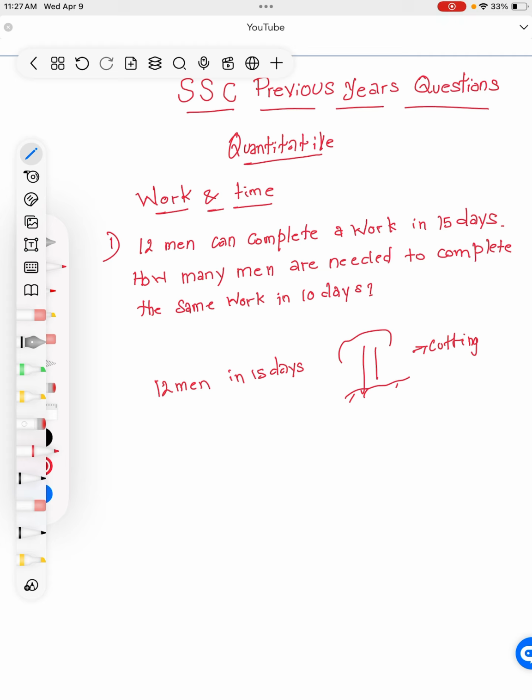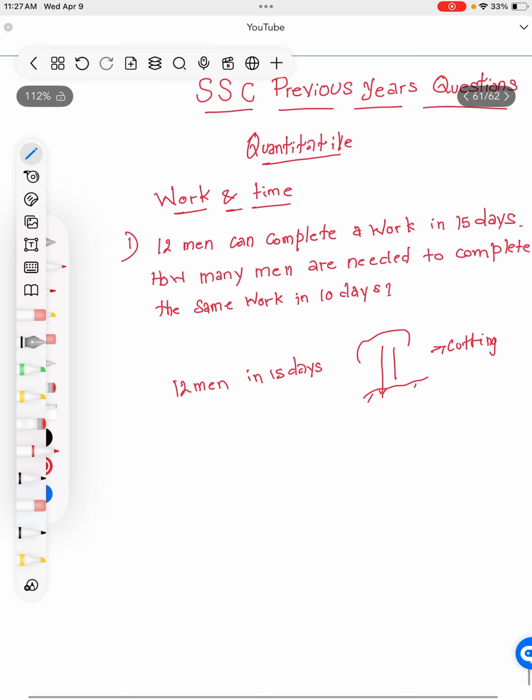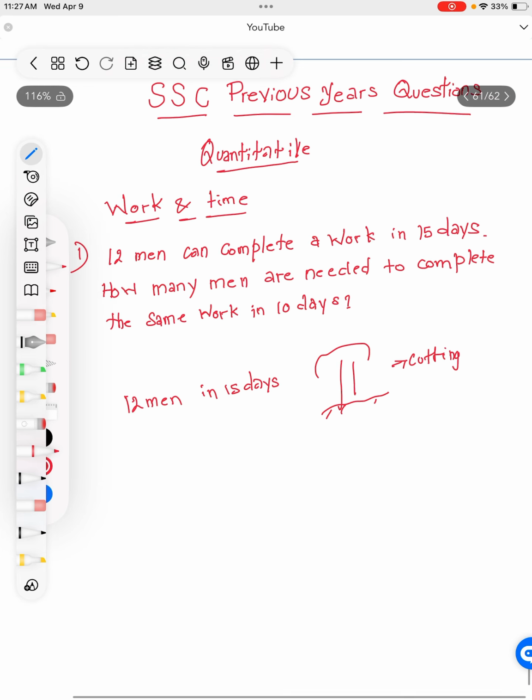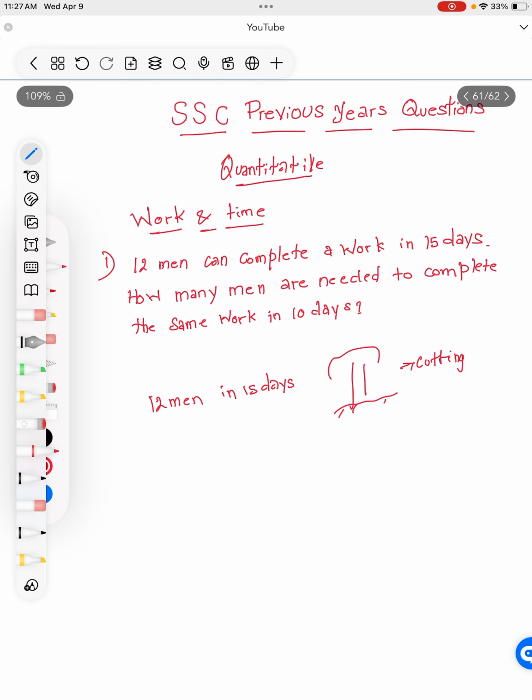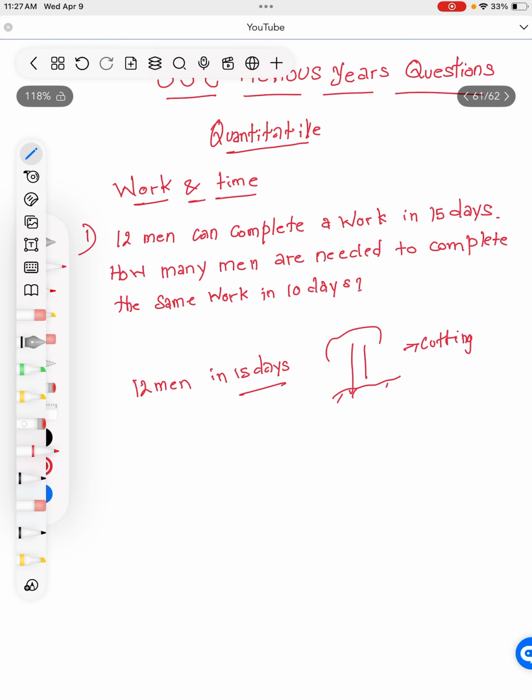How many men are needed to complete the same work in 10 days? Suppose there is an urgency and the work needs to be completed in 10 days only. Before, they had planned that the work should be completed in 15 days. But now there might be an urgency, so the work needs to be completed in 10 days, right?